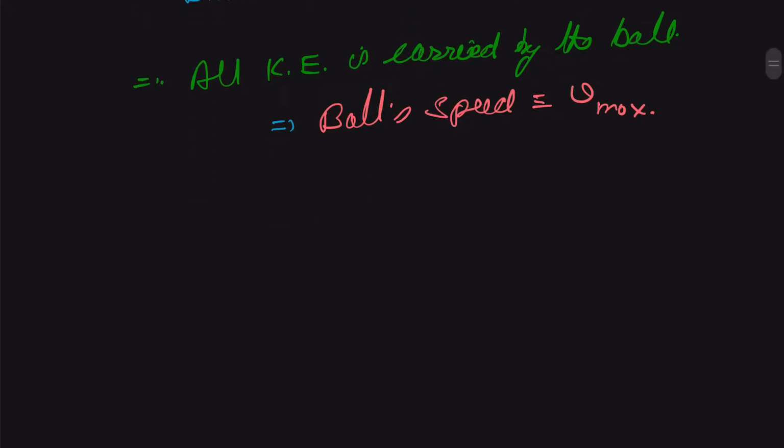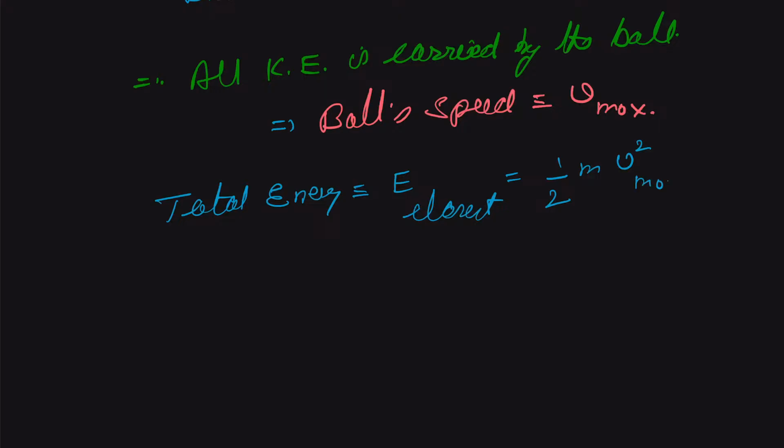Therefore, we can write that total energy at this moment, let us call this E closest, will be equal to half m v square max.